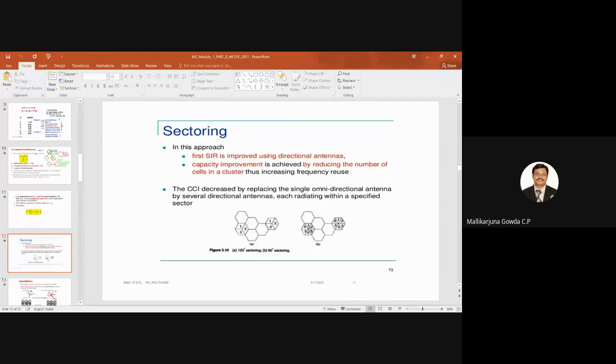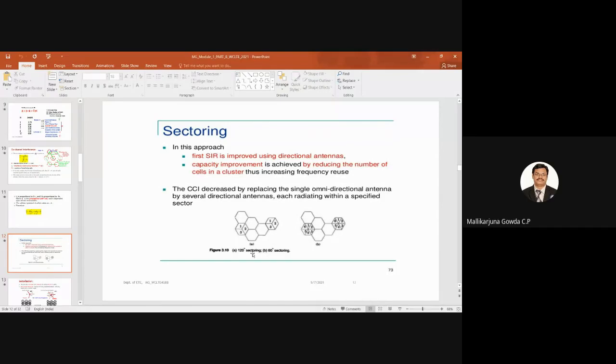So when the user is moving from one sector to another, there will be a frequent handoff. That is a challenge here. Hope this point is clear. Sectoring, one is 120-degree sectoring, another one is 60-degree sectoring.